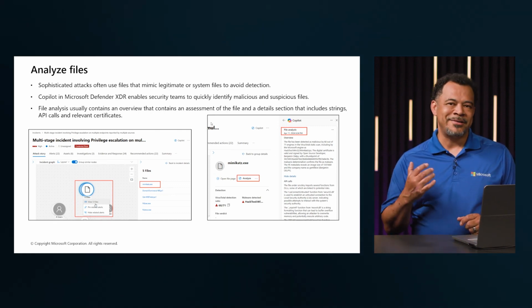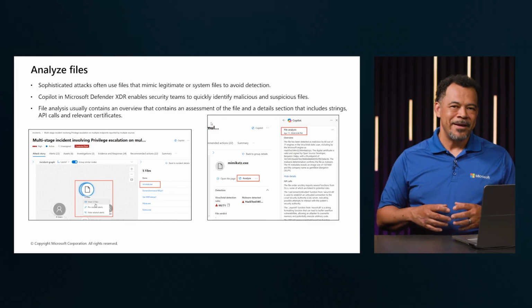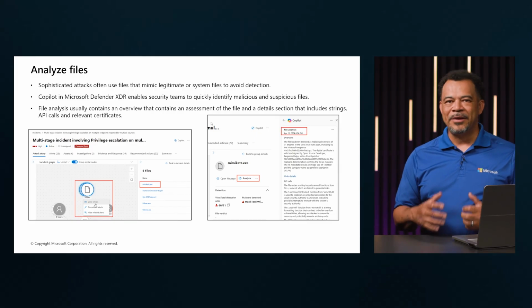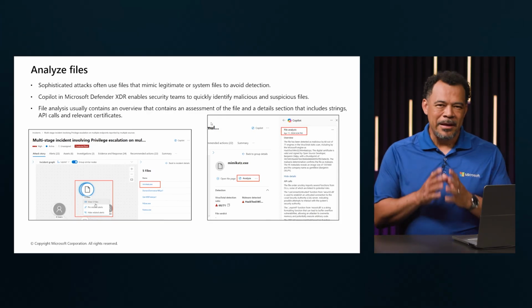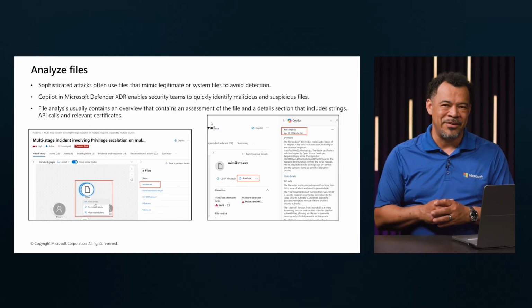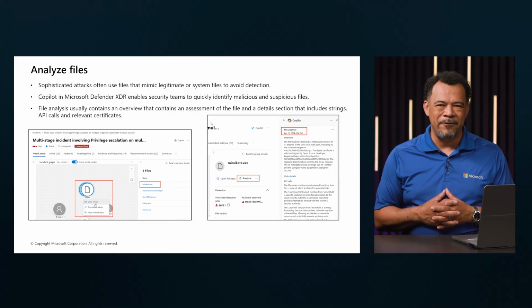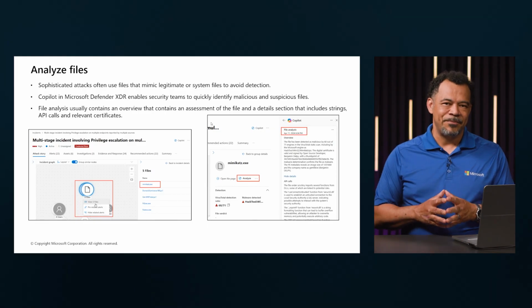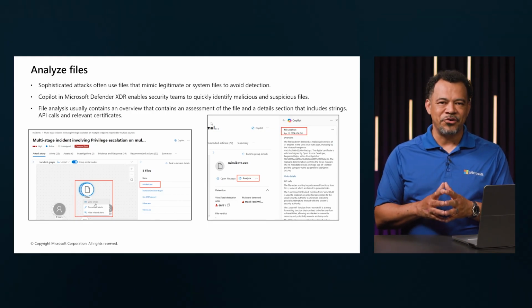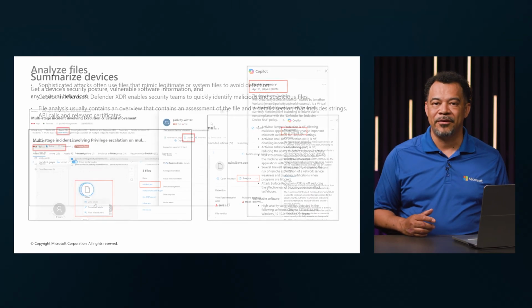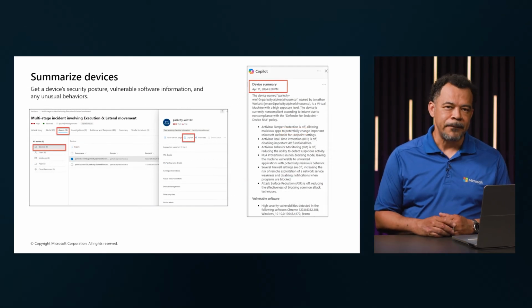Additionally, it offers a detailed section that encompasses information such as strings, API calls, and relevant certificates. This comprehensive analysis aids your security teams in understanding the file's behavior and potential threats. By utilizing these insights, teams can take appropriate measures to mitigate risk and bolster their overall security posture.